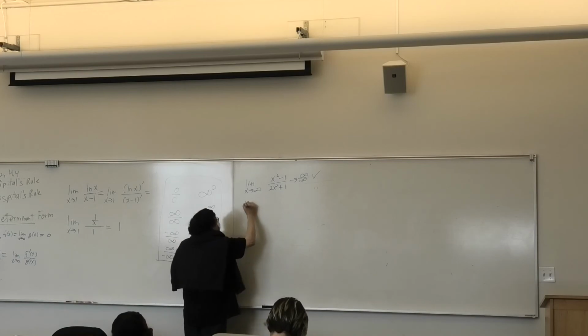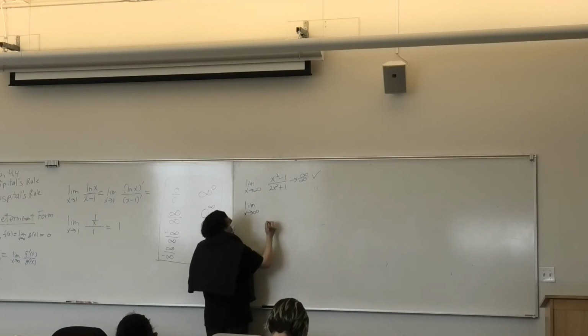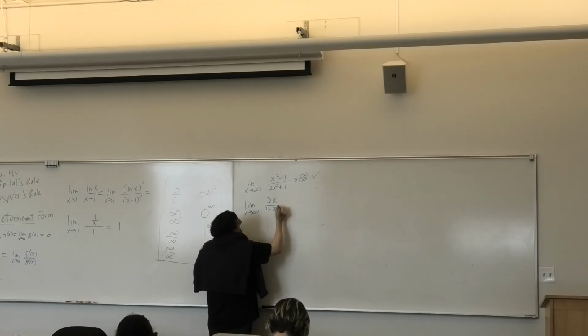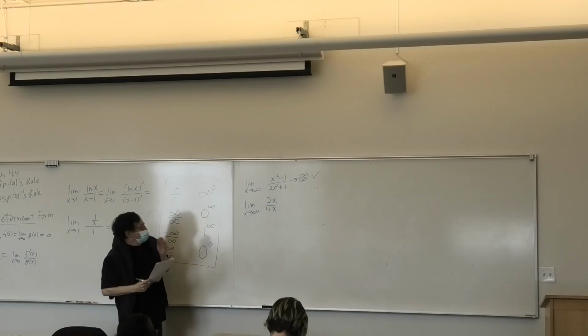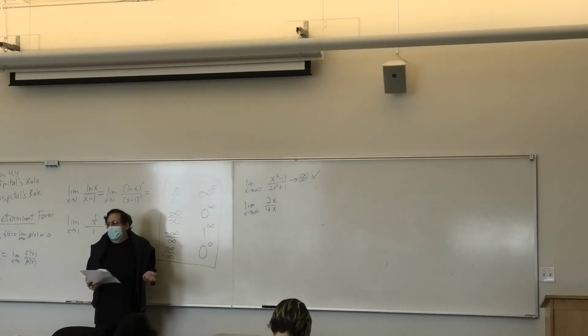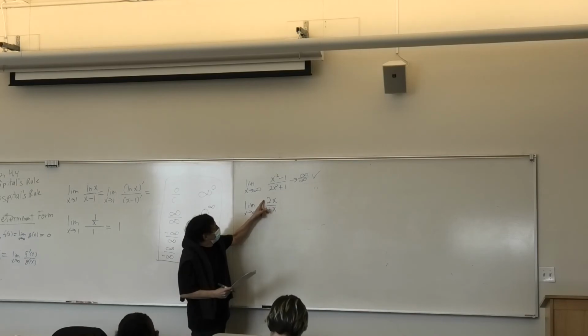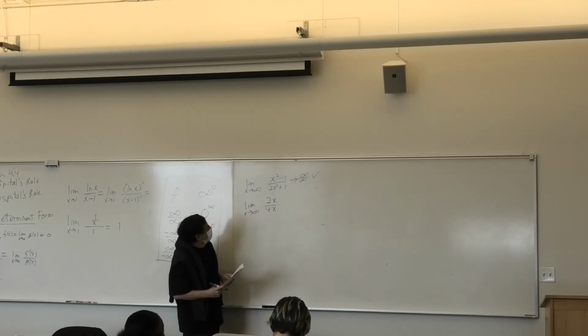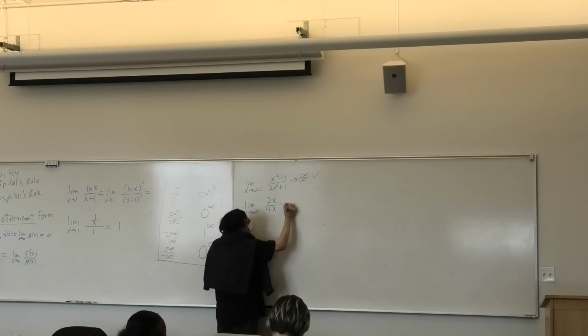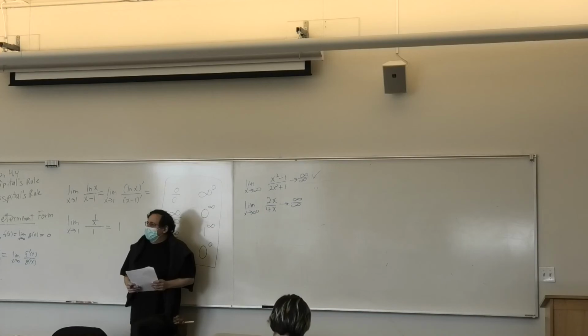So we find the derivatives, 2x over 4x. Now, this is still an indeterminate form. 2x is going to infinity, 4x is going to infinity. Okay, we can apply L'Hopital's rule again.